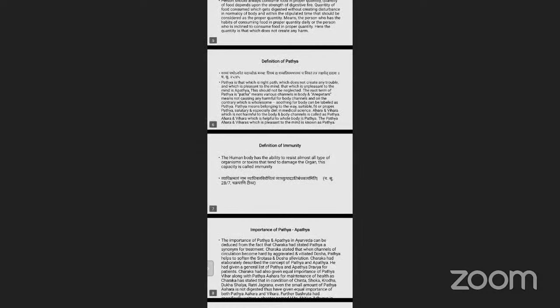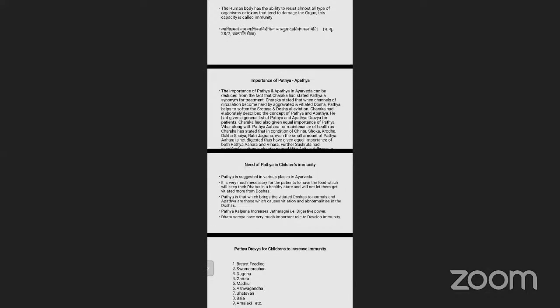Then the importance of Pathya and Apathya. All the Acharyas have stated the importance of Pathya. Charak Acharya has stated Pathya for each disease in his Samhita. Then the need of Pathya in children's immunity: Pathya is suggested in various diseases in Ayurveda.